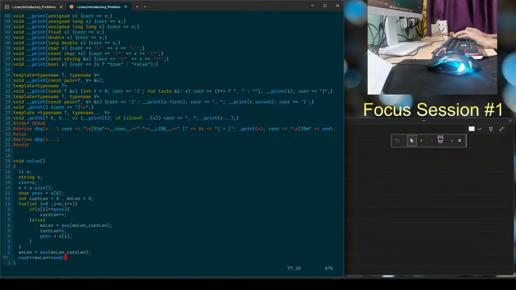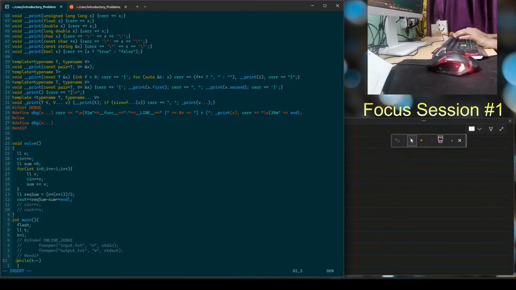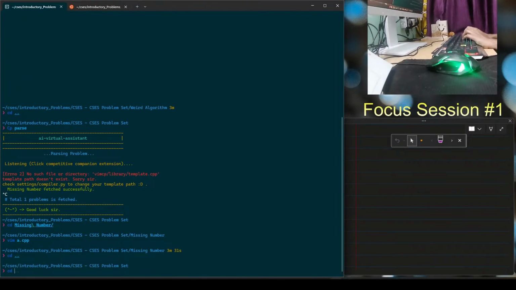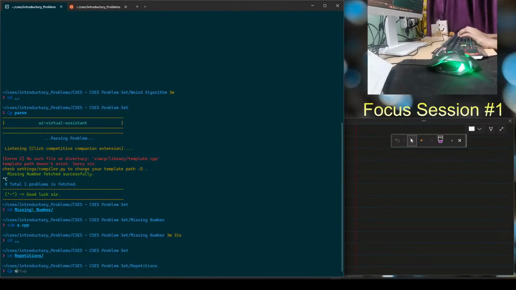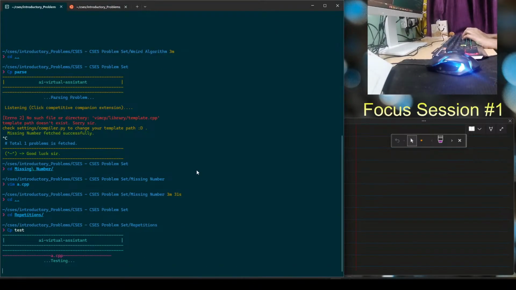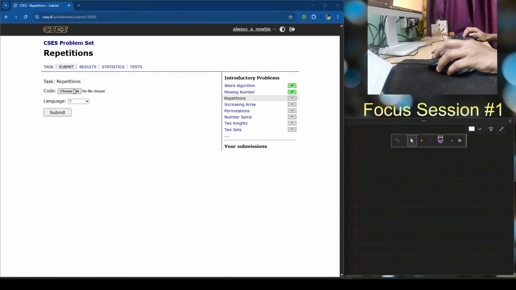And let's see if this works right. That's fine. We'll just submit this problem.